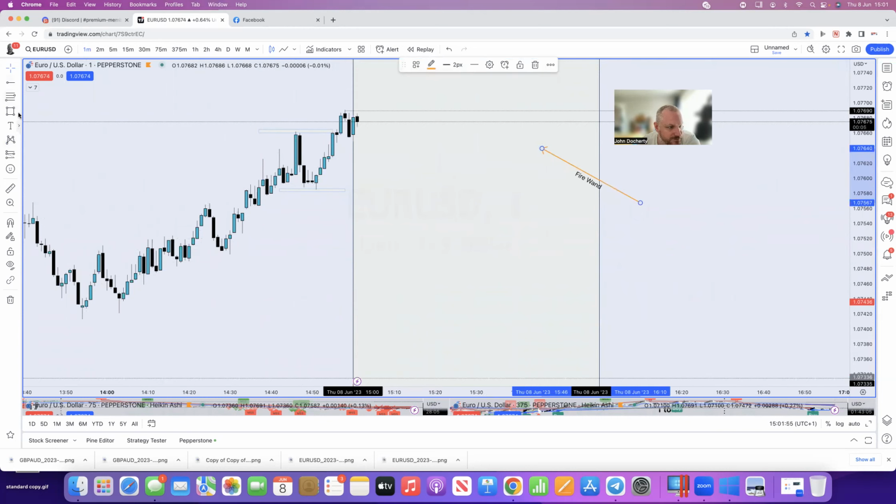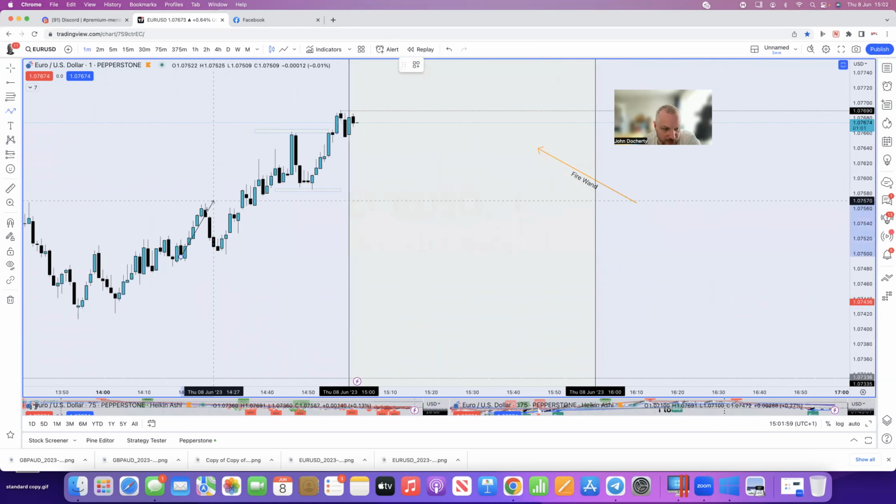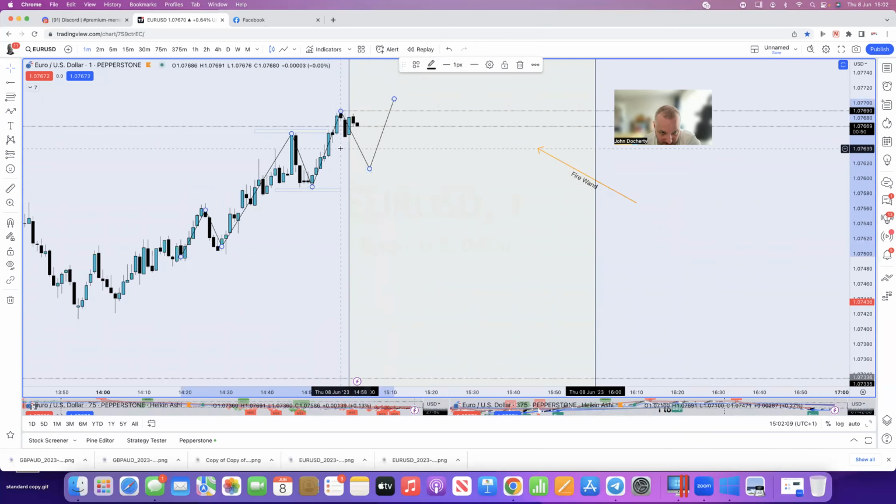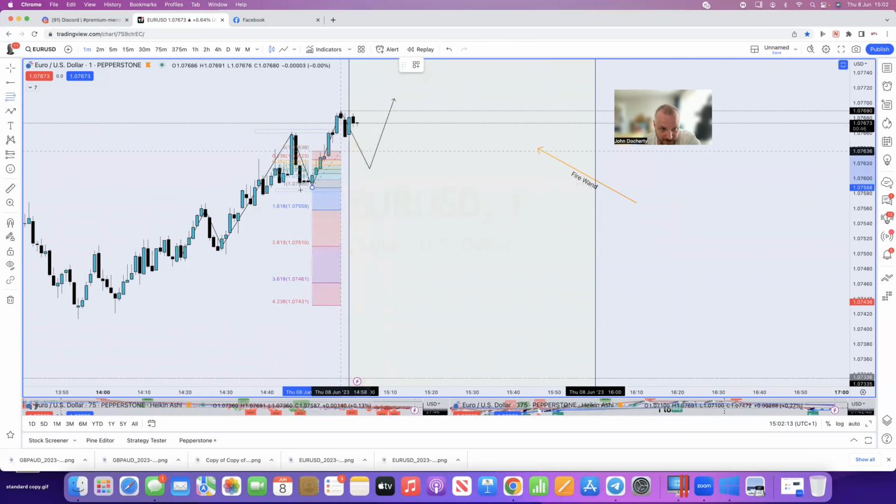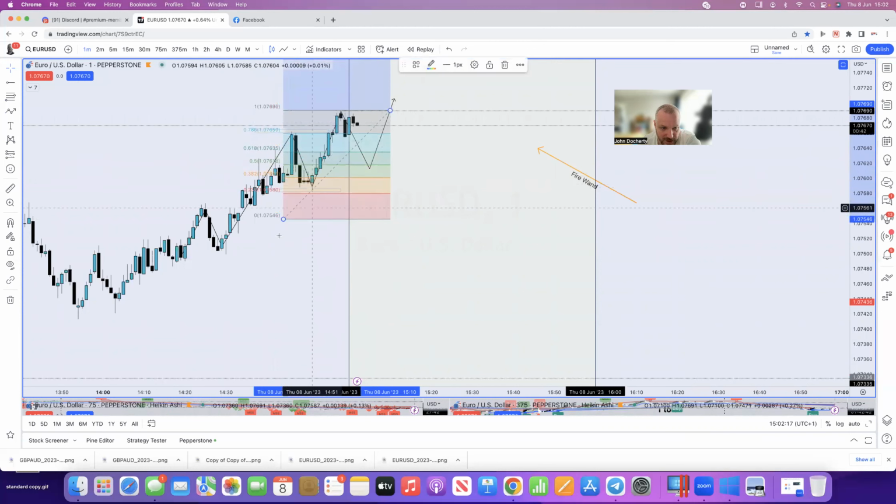So when we look at this sort of stuff, we've had price coming up. We could get a price continuation down into here to then want to attack higher. So let's take a look. Let's put this here.